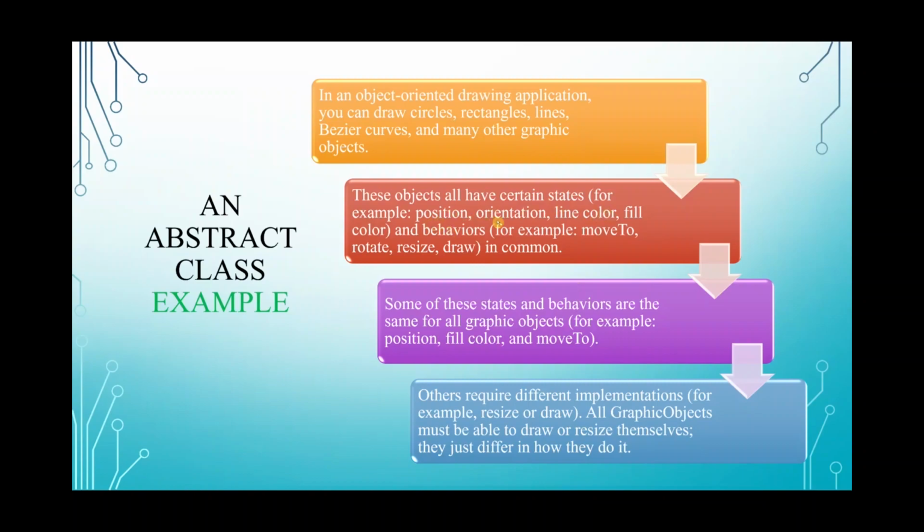For example, they have position, orientation, they have line color, fill color, and they have behaviors, methods. They can be moved using move to, they can be rotated, they can be resized, drawn. So some of these states and behaviors are the same for all of them, like moving, right? Moving, you can move them from one place to another.